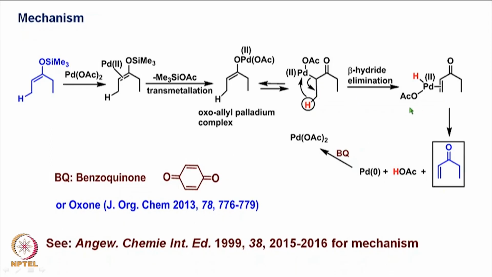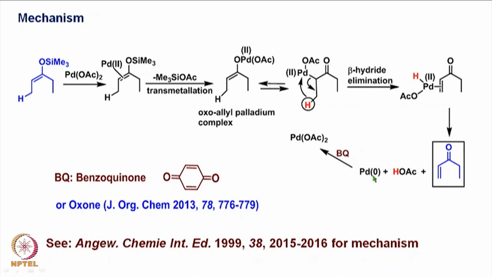That leads to the formation of this particular species, in which the newly formed palladium 2 species has a pi complexation with the double bond that has been regenerated. Now this palladium species then loses acetic acid and palladium 0 and generates an enone, which is the product of the expected Saegusa-Ito reaction.